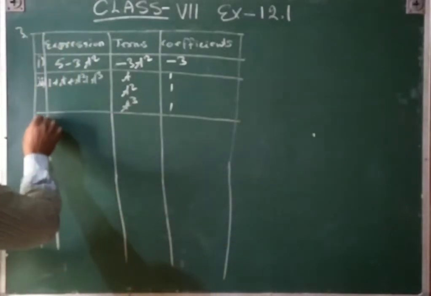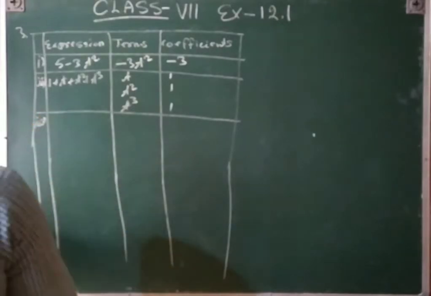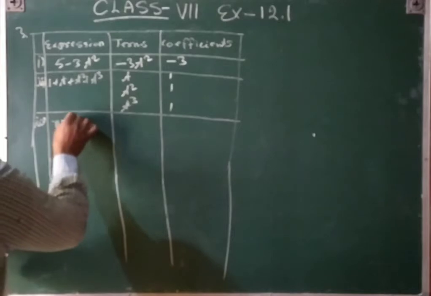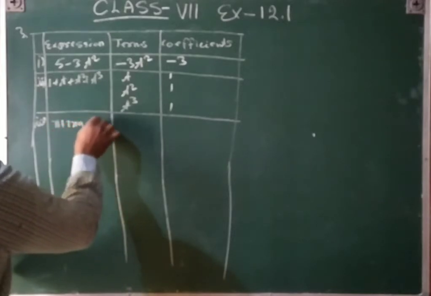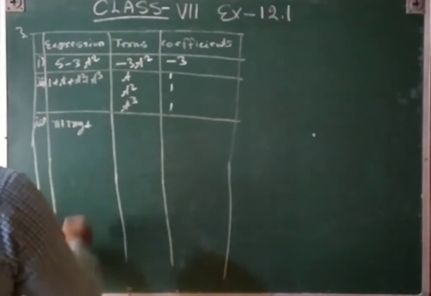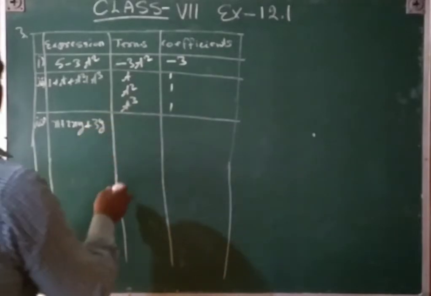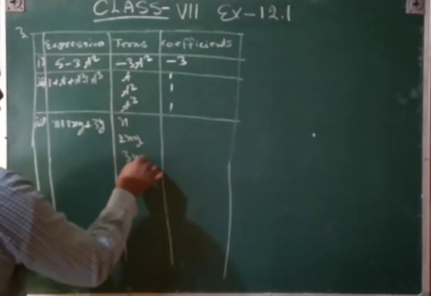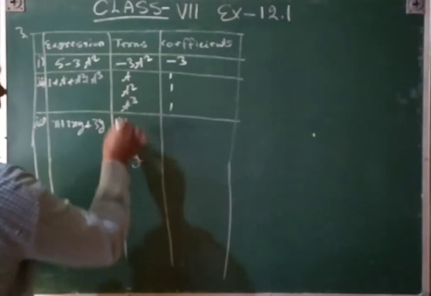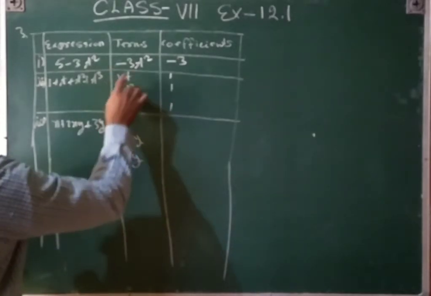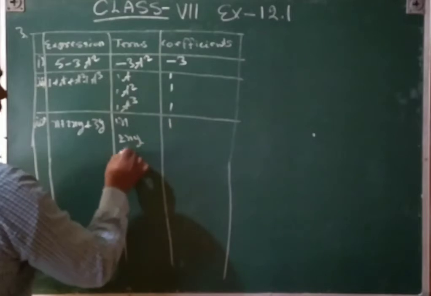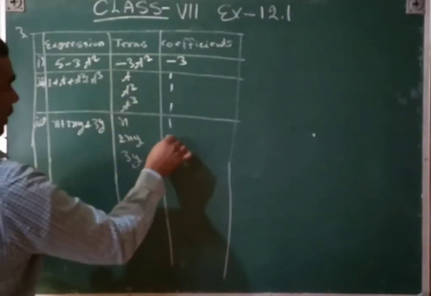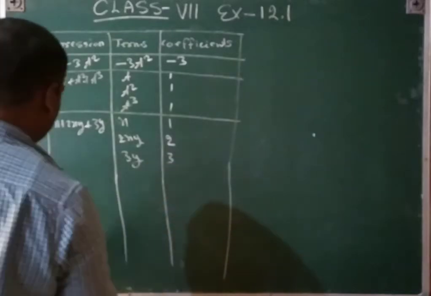And then the third question is x plus 2xy plus 3y. So x, 2xy, 3y. Here the coefficient is 1, here is also 1. So we have written here 1. No need to write the 1, and 2 is given there, 3 is also given.